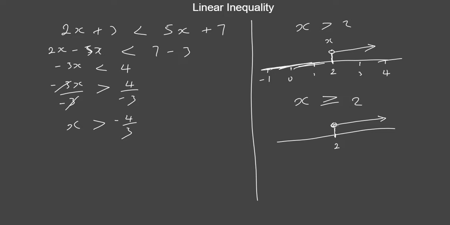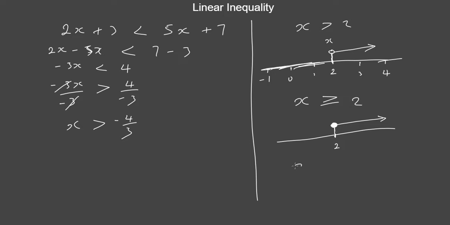But there's one more thing you need to do: shade this marker inside. In the first one, I didn't shade inside. If you shade inside, you are saying that it is also equal to 2. So this means x is greater than or equal to 2. By shading it, you are saying that x could potentially be 2 or something above 2. So this is how you represent this example on a number line.